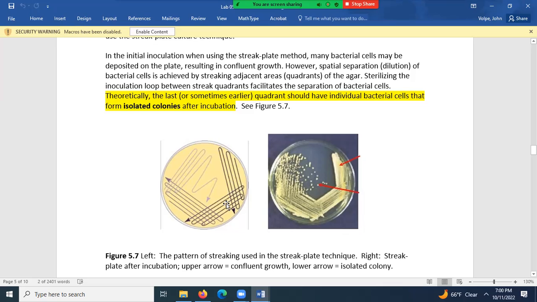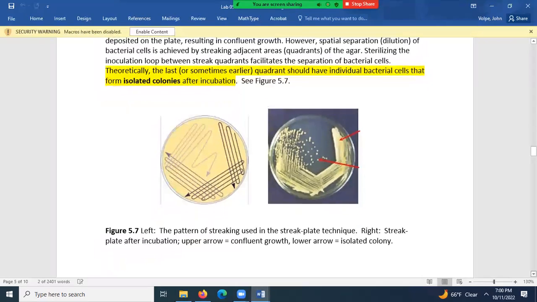You then take the loop and put it in the Bacti incinerator, sterilizing it, killing the bacteria that's on it. And then you take it to your plate and you streak it out to form sector 2. Let me try and blow this up a little.